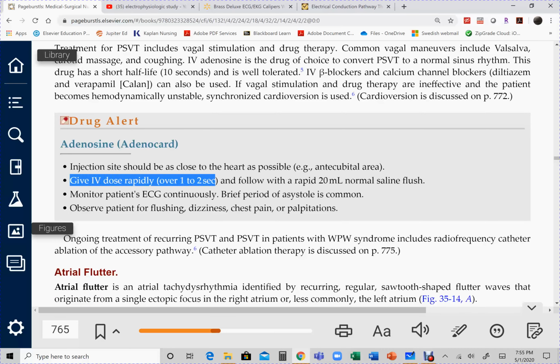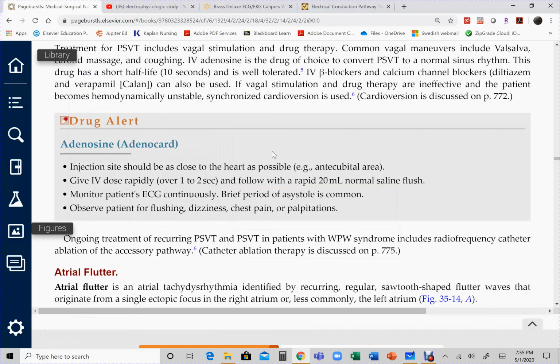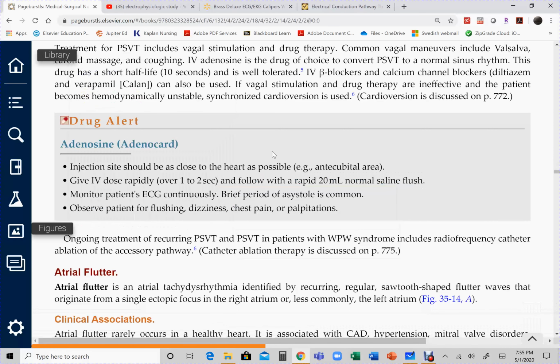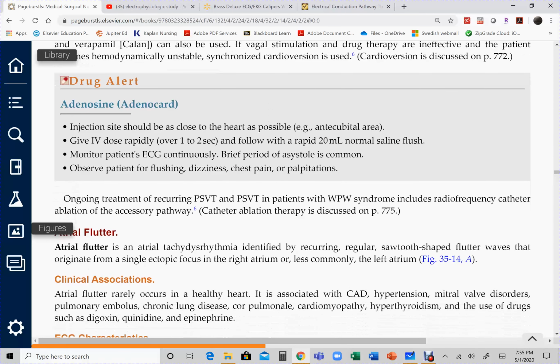So give rapidly, and because you have an extension, remember, on your IV site, you have to follow it with a 20 ml IV saline flush. Okay, so give it fast over 1 to 2 seconds, and then follow it with another rapid 20 ml saline flush, so that it reaches the heart quickly.